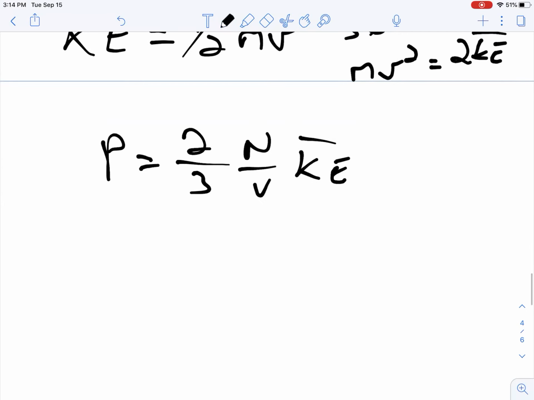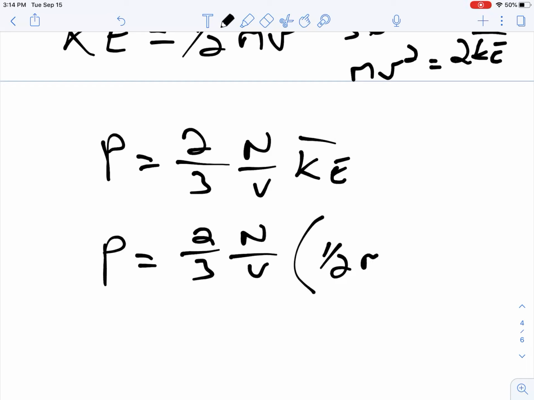And this equation can also be written as P equals 2/3 N over V times 1/2 mv squared. Just to remind you that average kinetic energy is that, okay? And we had 2 of them, which is where this all comes in. Alright, so we now have a relationship between kinetic energy and pressure.